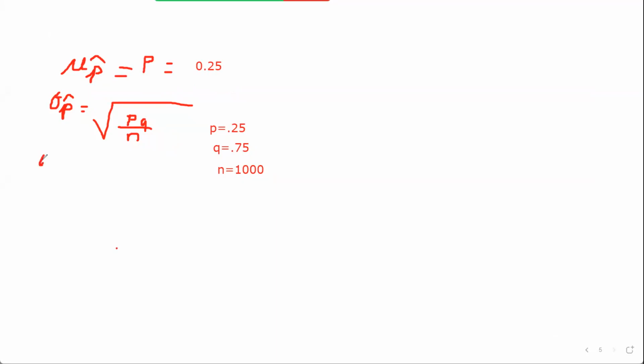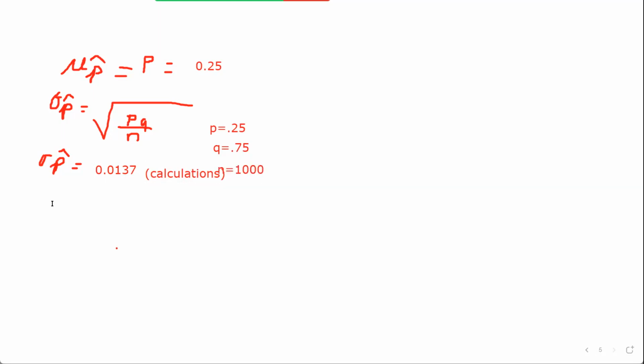So sigma of p hat, we're going to say this is equal to, we're going to approximate it first with 4 decimal places. So this is 0.0137. We're going to use this for calculations, which are going to come later.